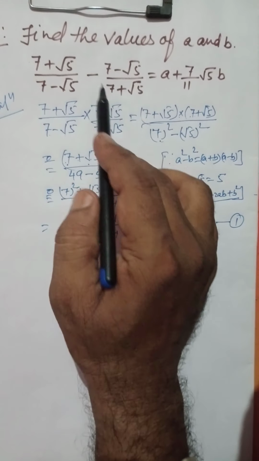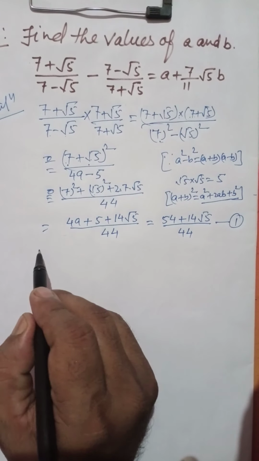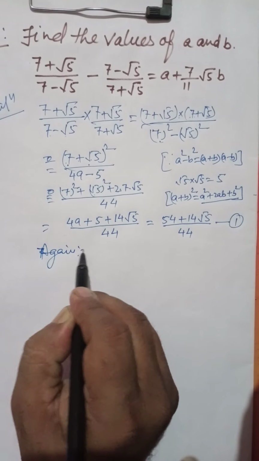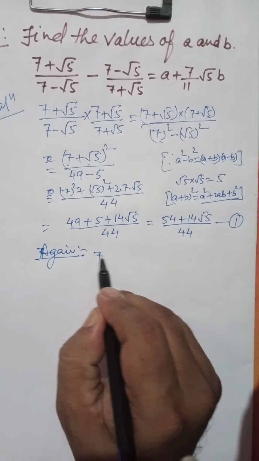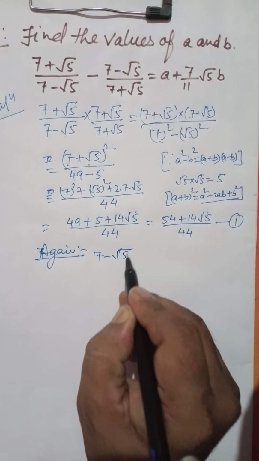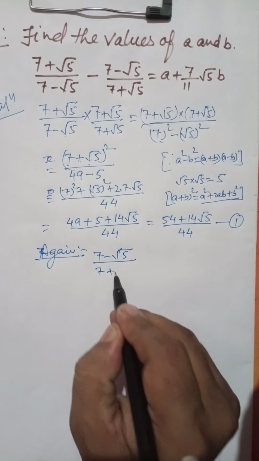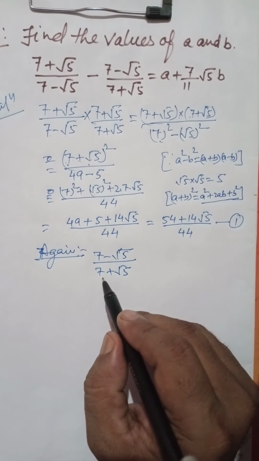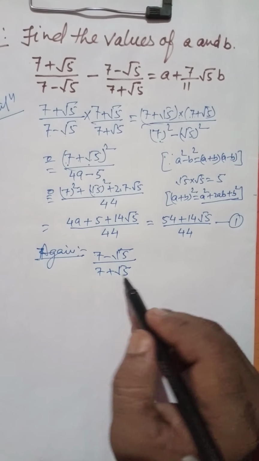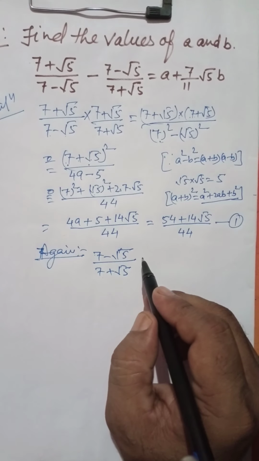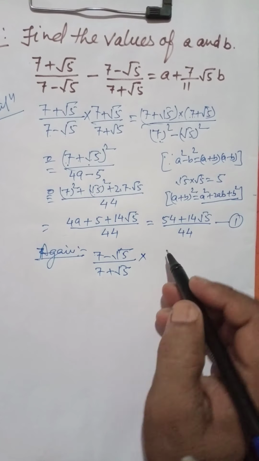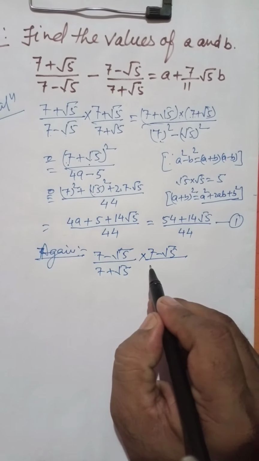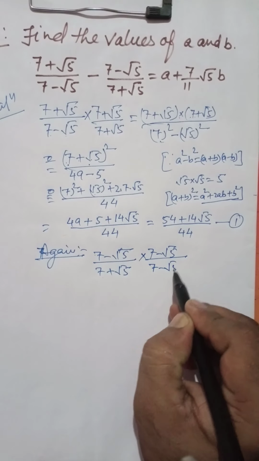Now again, for the second term, 7 minus root 5 upon 7 plus root 5, we will rationalize. Taking the rationalizing factor of 7 plus root 5, which is 7 minus root 5, we rationalize with 7 minus root 5 upon 7 minus root 5.